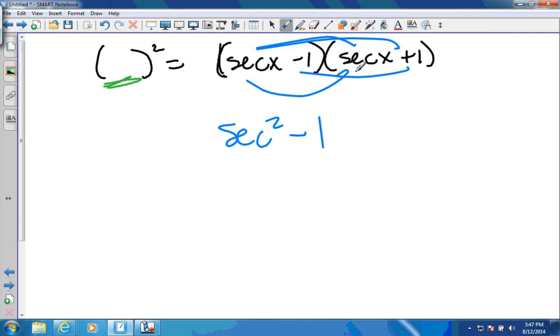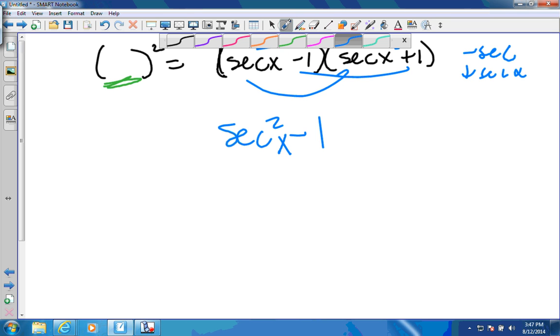Because when you take the negative 1 times secant, you get a negative secant. And 1 times secant is a positive secant. And those wash each other out. So you're left with that. Secant squared of x minus 1.